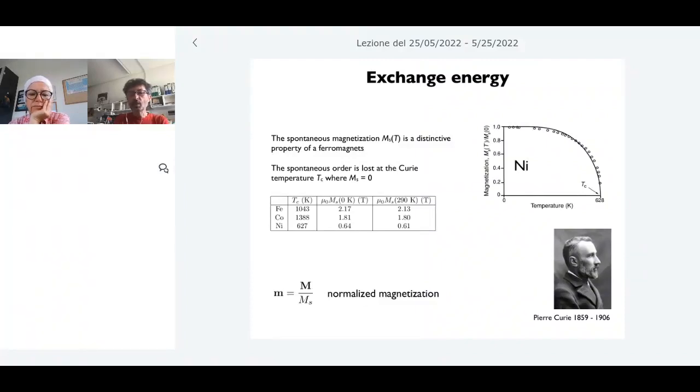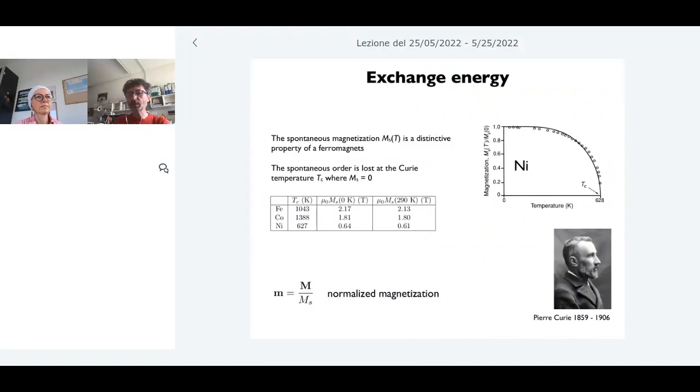So when stating this theory of micromagnetism, we say at the beginning that we are at a temperature well below Tc. We never operate close to Tc, because otherwise we would need to introduce other phenomena that we are not able to introduce here.